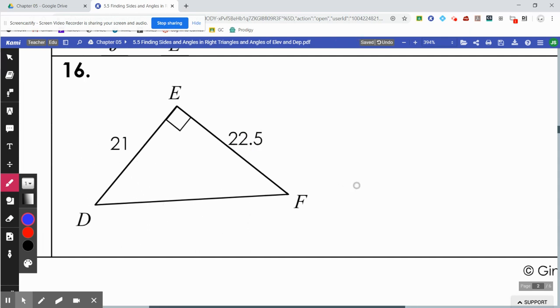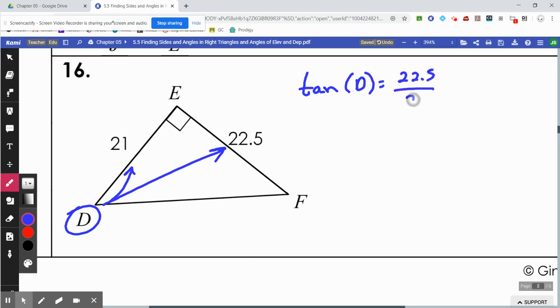Now let's find our missing angle measure. We'll look for angle D first. We're given the opposite and adjacent sides. So that's a tangent problem. The tangent of angle D is equal to opposite over adjacent. So to find angle D, we're going to move tangent over by doing the inverse tangent of opposite over adjacent.